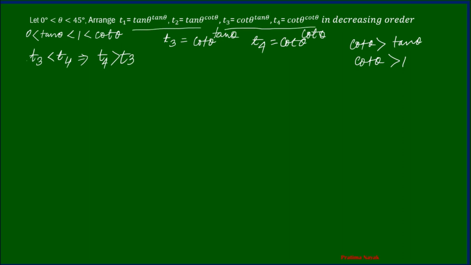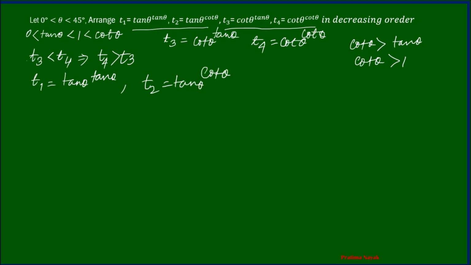Now I'll come to T1 and T2. They have the same base, tan theta, and the value of the base is less than 1, as I have given an example. T1 is tan theta power tan theta, and T2 is tan theta power cot theta.